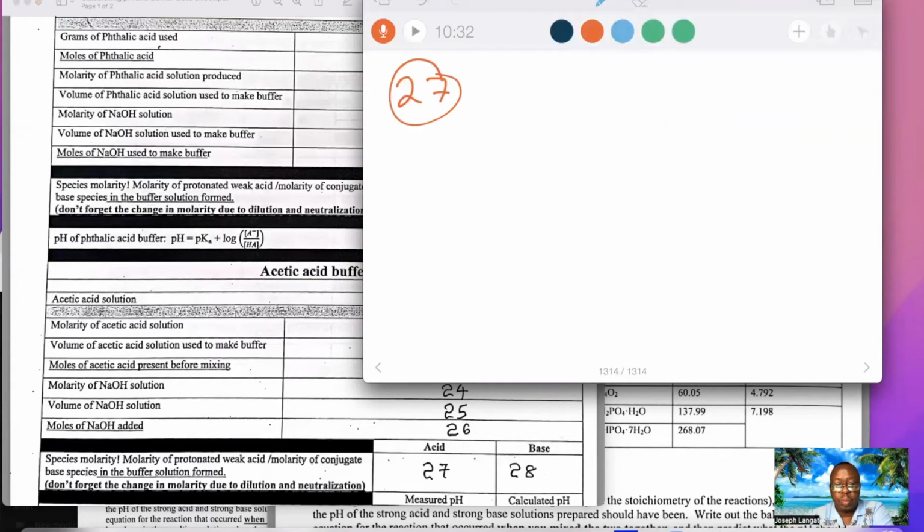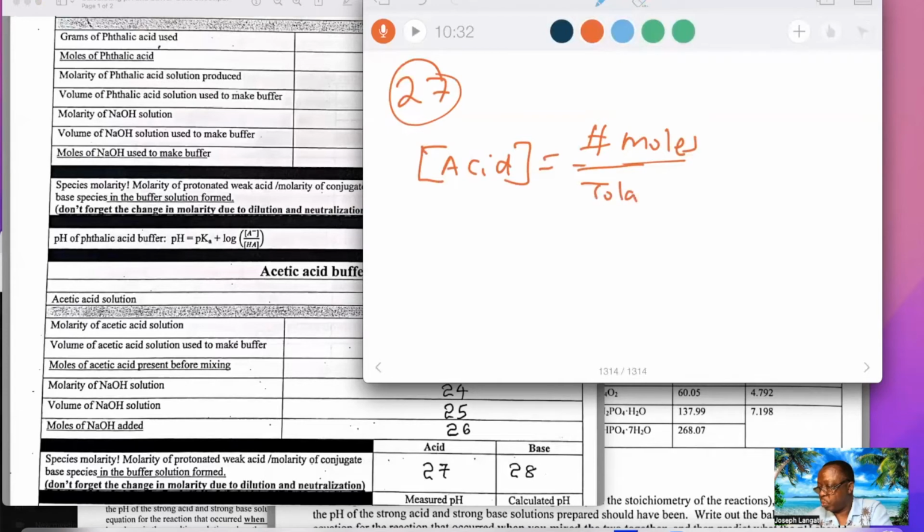Remember, the concentration of the acid is the number of moles over the total volume in liters.